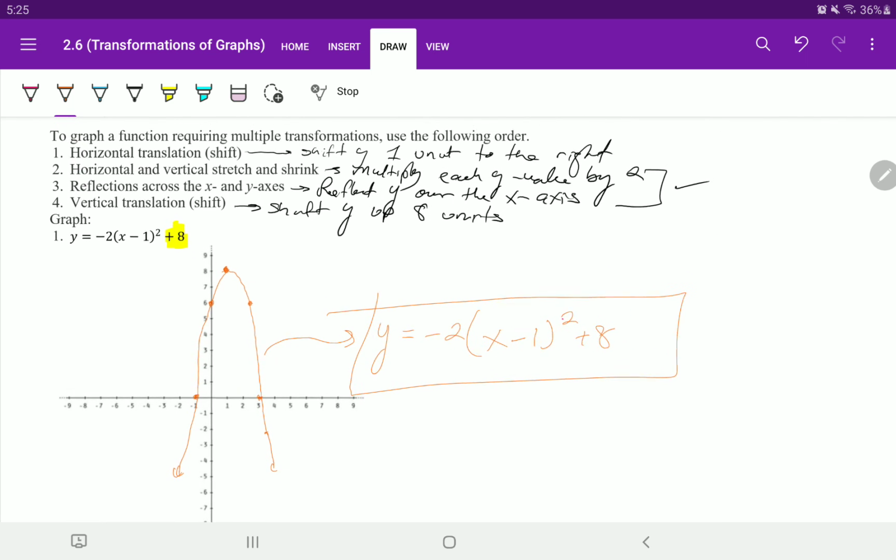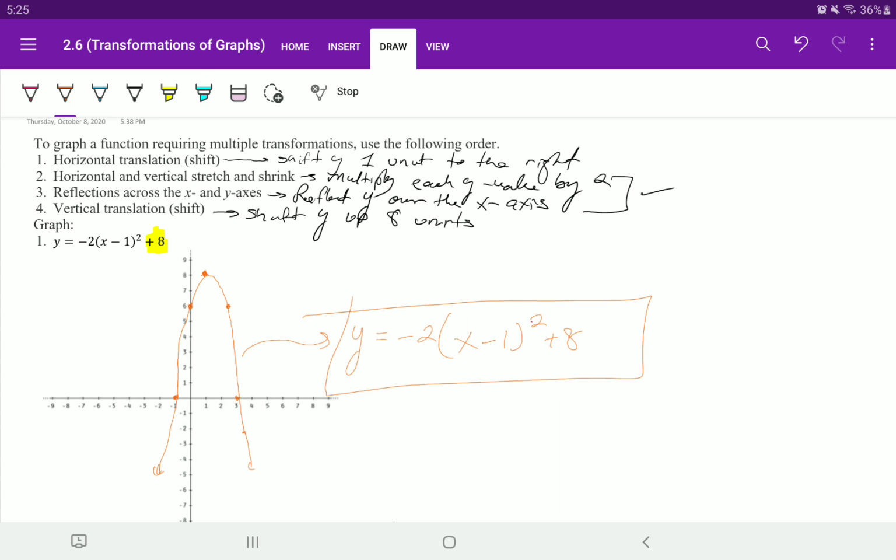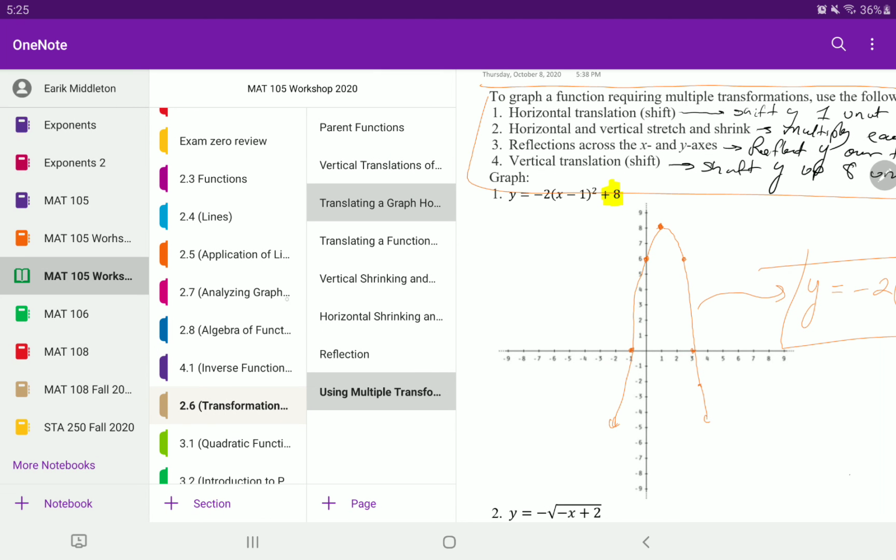So, once you identify and feel comfortable performing all the transformations and translations, this will take you no more than, I'd say, 4 or 5 minutes to graph this. But you must be comfortable with these, and you must be comfortable with everything else that is here so far.